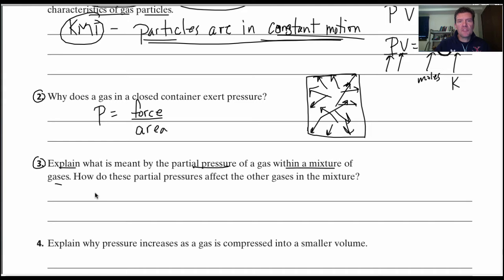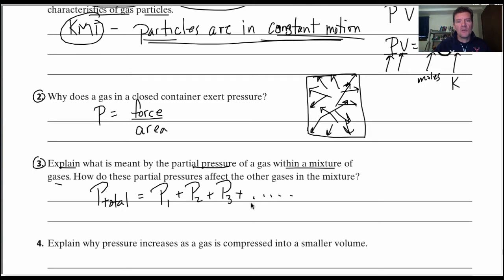So partial pressure is simply this: the total pressure that is in a container due to all the gases in there, or the atmospheric pressure, the pressure that we feel on our bodies, that is going to be the sum of all the pressures of the individual gases. So pressure 1 plus pressure 2 plus pressure 3, and etc., depending on how many different gases you have.